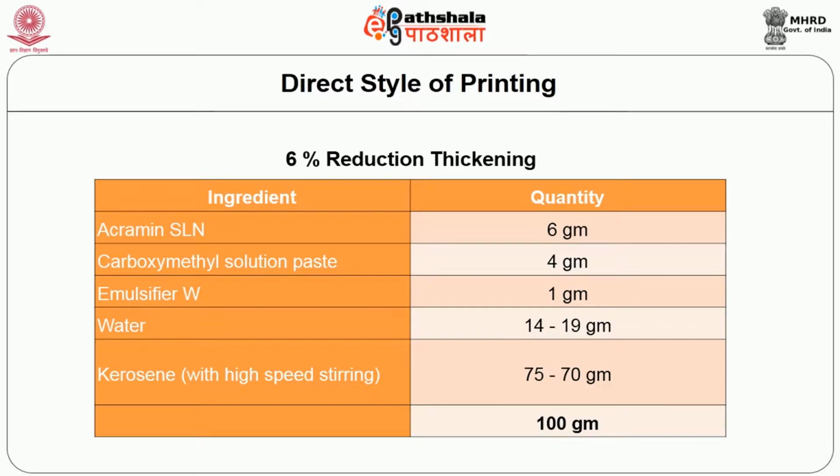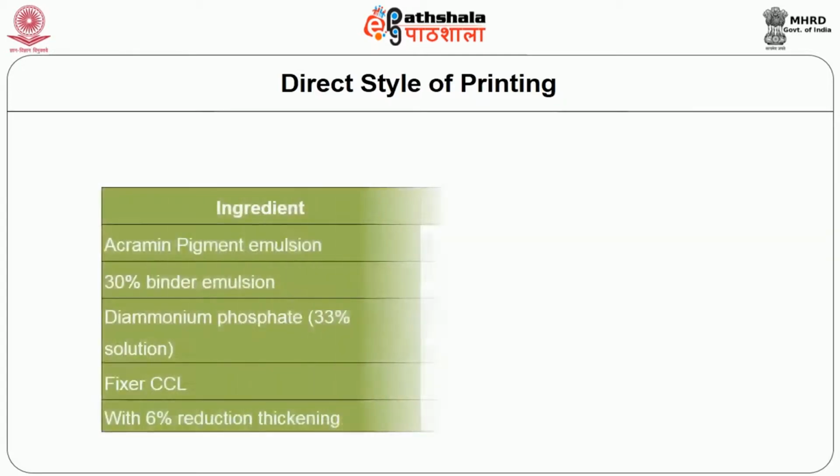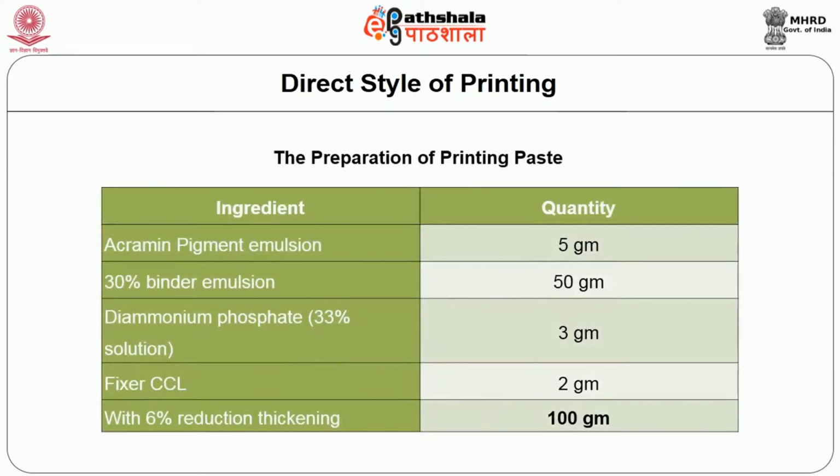Kerosene, which is not soluble in water, is emulsified by adding emulsifying agent, and all three are mixed and stirred at high speed. The printing paste is prepared using 5 gram of acramine pigment emulsion, 50 gram of binder emulsion, 3% of diammonium phosphate, 2 gram fixer CCl and reduction thickening.